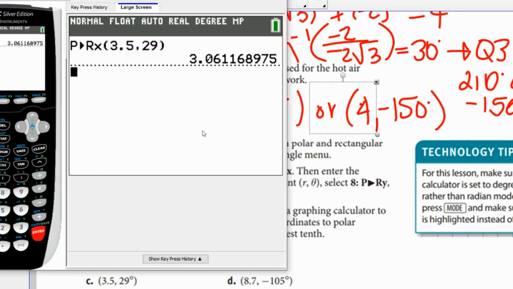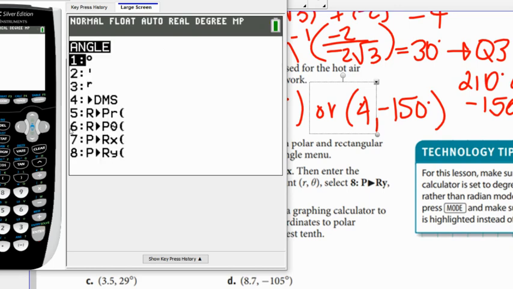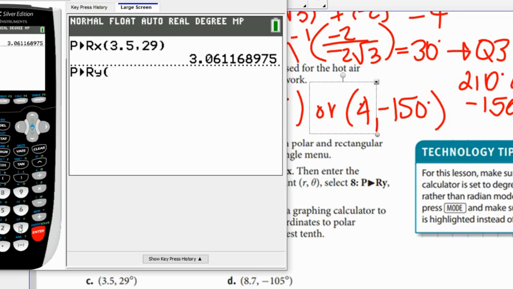This is telling you your x value. And then you would do the same thing, second apps, and you would scroll down to option 8. And you would type in that same value, r comma theta, and now you have your y value.